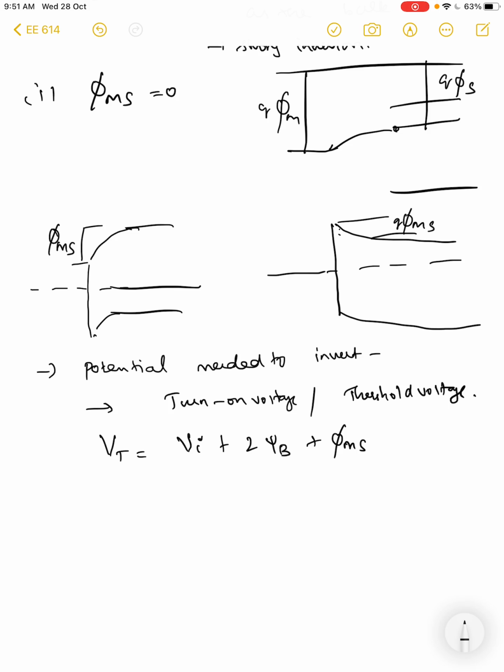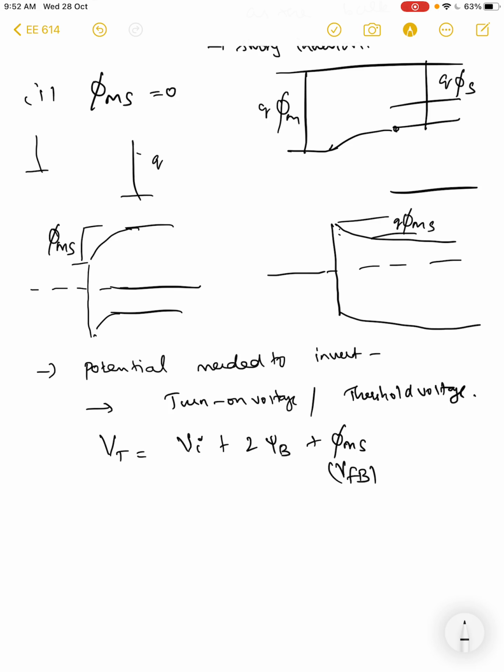So this is also called V flat band. So this is V flat band, right? And remember, this psi ms is going to be a negative value, right? Because in our p-type semiconductor, the semiconductor has a larger work function than the metal, right? So metal lies here, the semiconductor lies here.